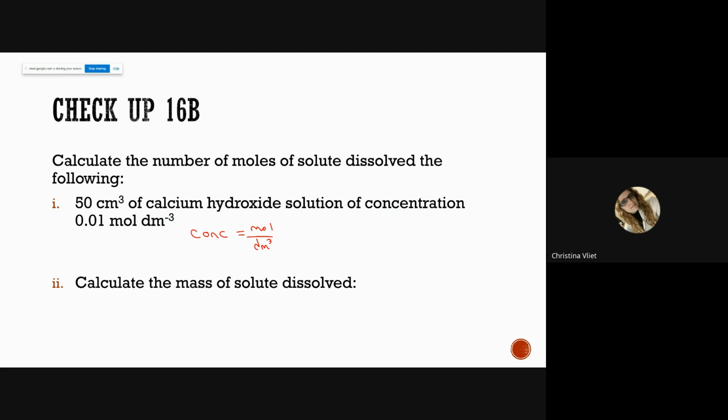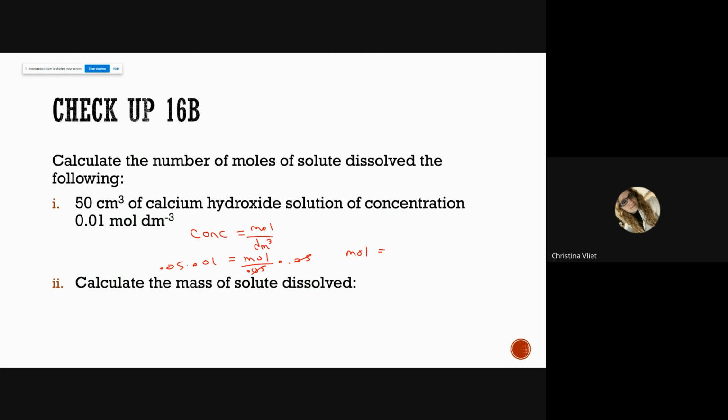What do I have? The concentration and the volume. So 0.01 equals moles over 0.05. Now what do I do to solve for moles? Multiply by 0.05. What's that? 0.05 times 0.01.